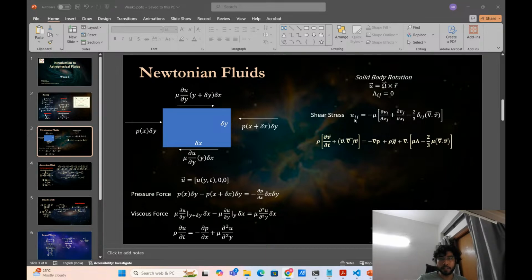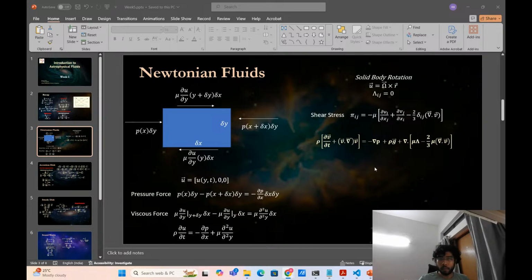To obtain the viscous force due to the shear stress, force is just stress dot the surface area of the fluid. This will give you the total viscous force, right? So finally, you will obtain this equation. This is the full equation that we will use while studying the thin accretion disks.